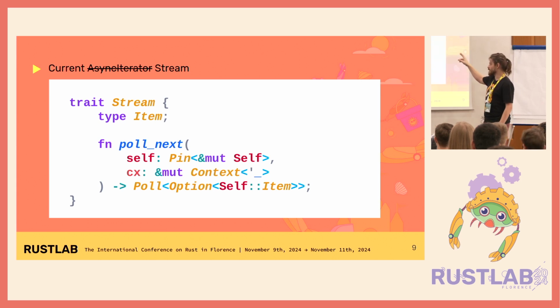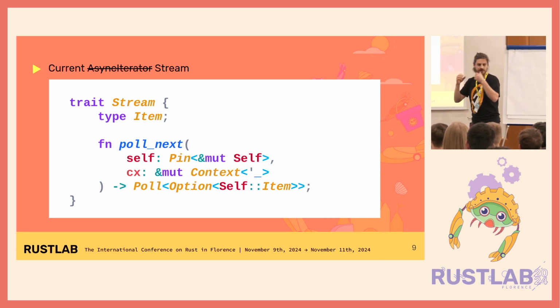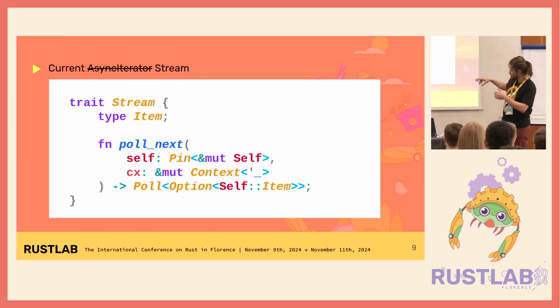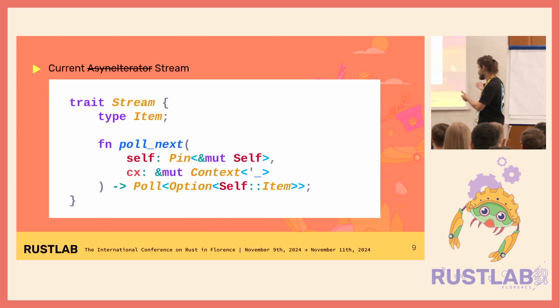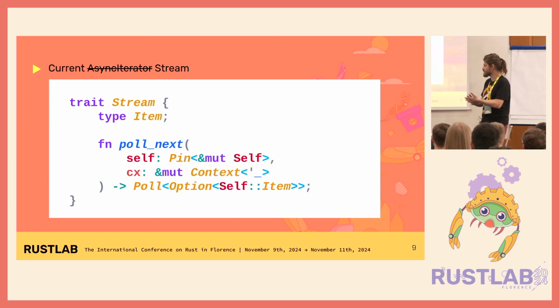Instead of poll, you have poll_next, and then you have self that is a pinned mutable reference to self, a context that is just something that brings a state for the waker, something related to concurrency. And what is being returned is a Poll, which can be Ready or Pending, that contains an Option, okay, you know what an Option is, with the inside Self::Item. Okay, this is the concept of Stream.